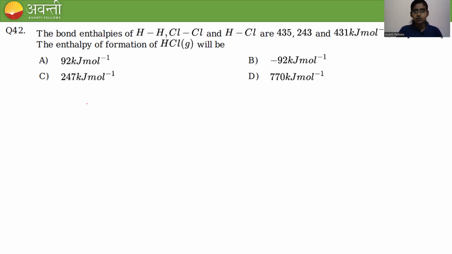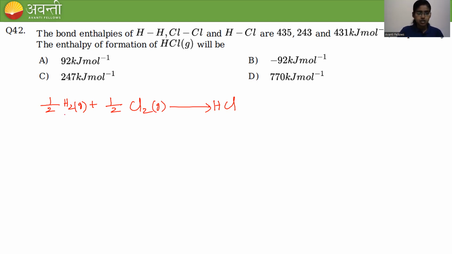As you can see, enthalpy of formation can be written only for the formation of 1 mole of the product, right? So for the formation of 1 mole of HCl, half mole of H2 will be reacting with half mole of Cl2. Both are in the gaseous state. So 1 mole of the substance is formed from its constituent elements, and for this reaction only we can write the enthalpy of formation.